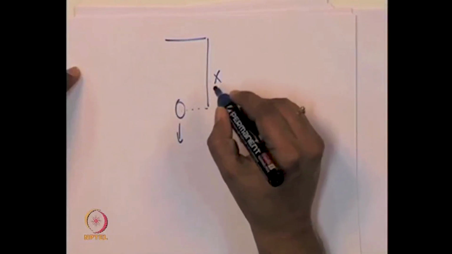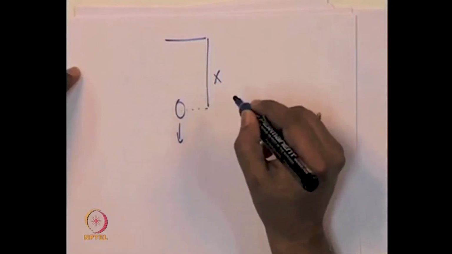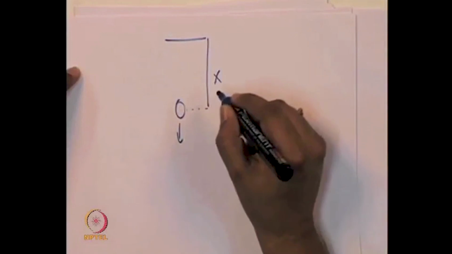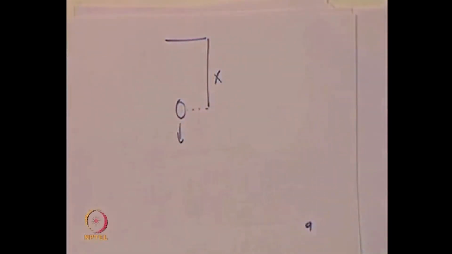X is basically the distance of this falling object. You can measure either the distance from the ground up or from some fixed point. We can decide where to take this distance, but x is essentially this distance.